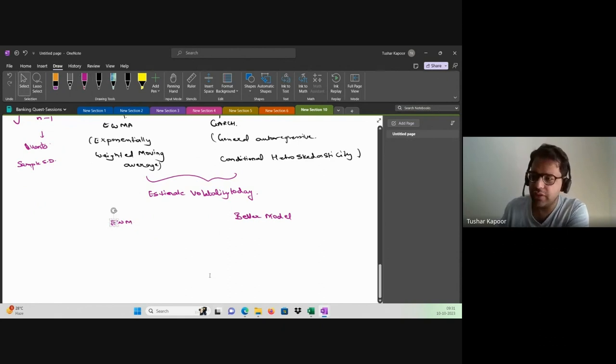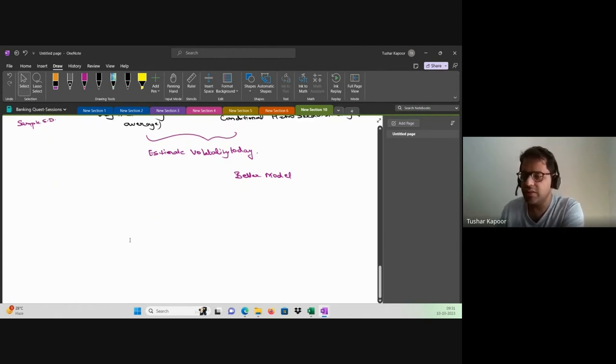And the other thing that you should keep in mind, and I'll explain more on this when I take a deep dive into each of these sections, is that EWMA does not use what we call mean reversion.